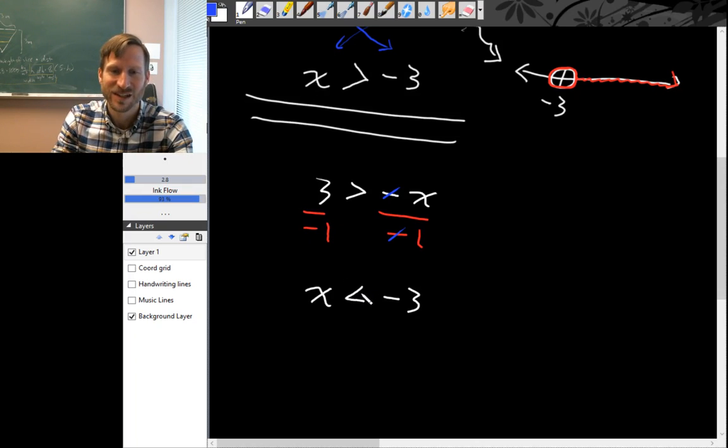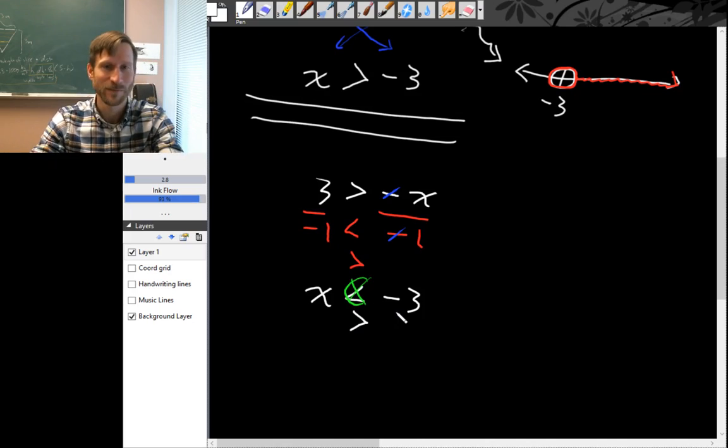So this is now incorrect. If you flip this inequality sign to less than and then back to greater than, then it should be x is greater than -3.